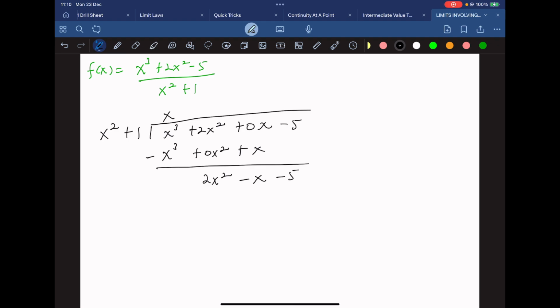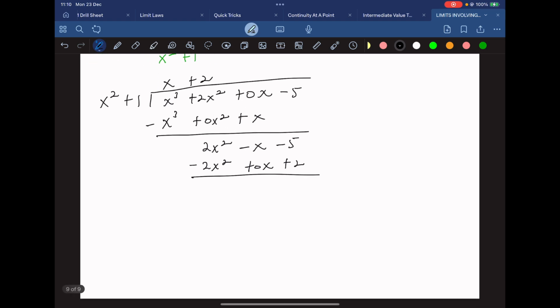So now what do we have to multiply by x squared to get 2x squared? That is 2. So we have plus 2 here, then 2x squared. There is no x term, then plus 2. We are subtracting. So this also goes to 0, then minus x minus 0, we just have minus x. Minus 5 minus 2, this is minus 7.